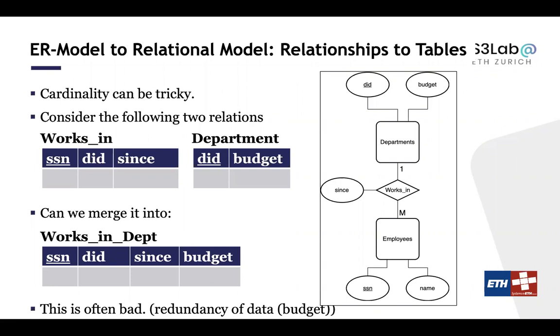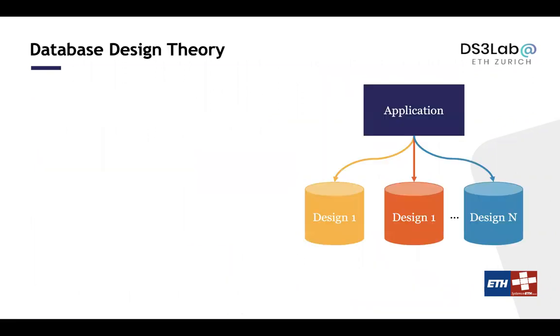So as you can see from these examples, given a conceptual model, there are so many different ways that we can translate that into a logical design. And from this lecture and also the couple lectures after this, the thing that we really want to understand is what is a good database design.